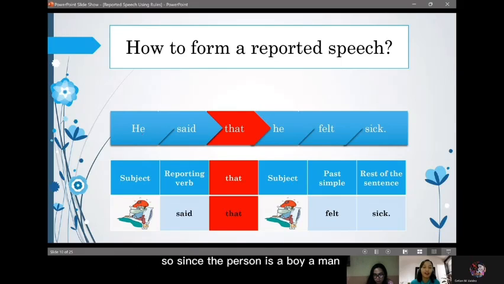Since the person is a boy, a man, we use the pronoun he. And then the verb after that is in the past simple, and then we provide the rest of the message, or the rest of the sentence of that direct speech.